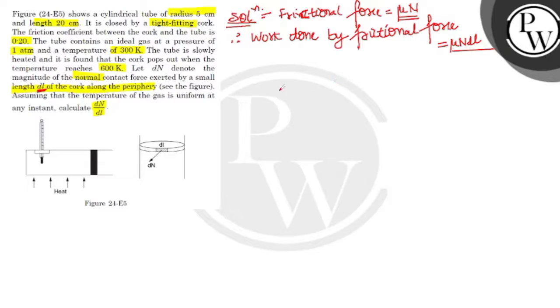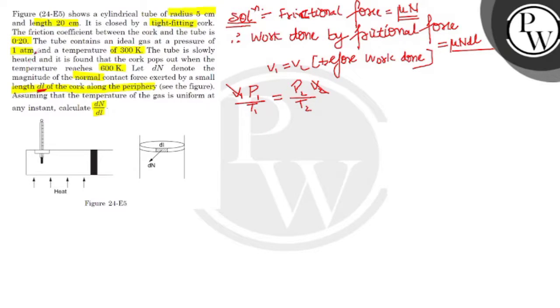Before the work is done, the volume remains constant. That means V1 is equal to V2 before work done. Our formula is P1 V1 divided by T1 equals P2 V2 divided by T2. So V1 and V2 are the same, so they cancel out.